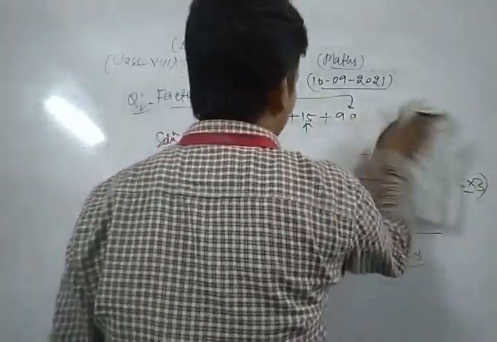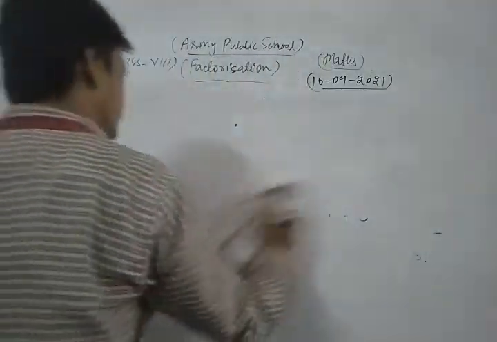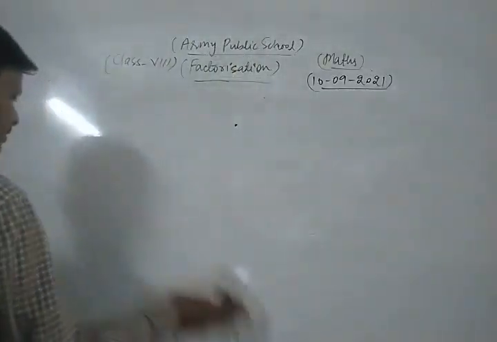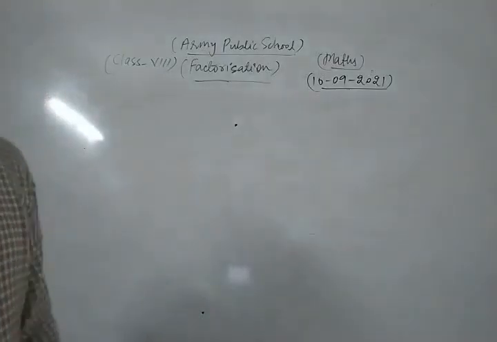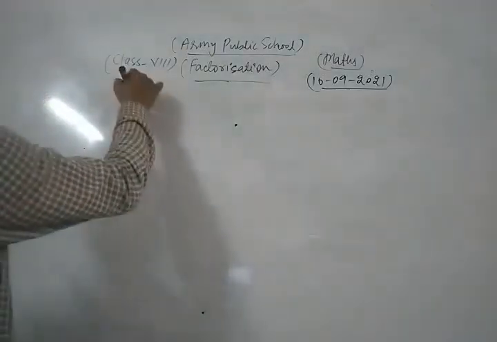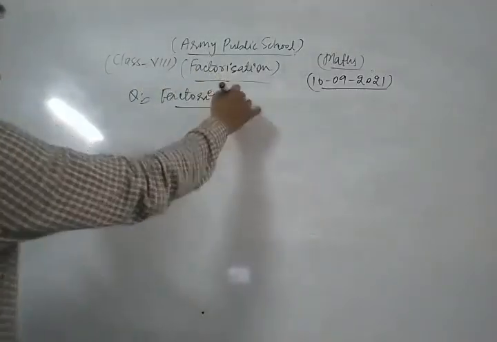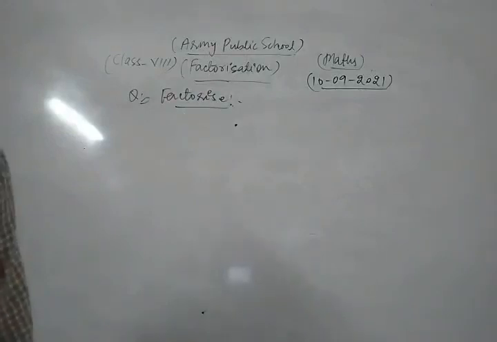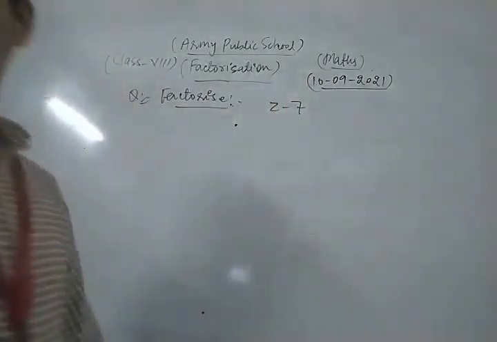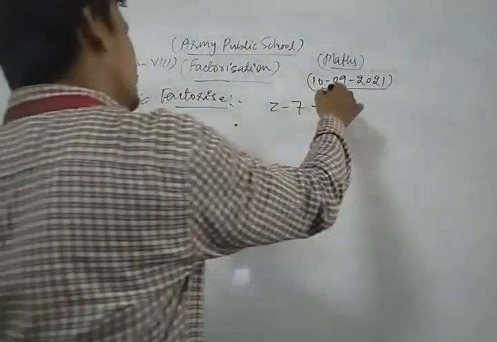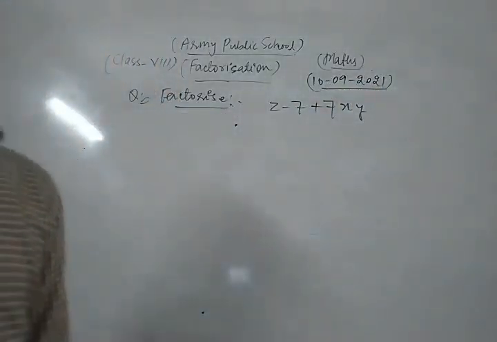Let's see. Question is: factorize z minus 7 plus 7xy minus xyz.